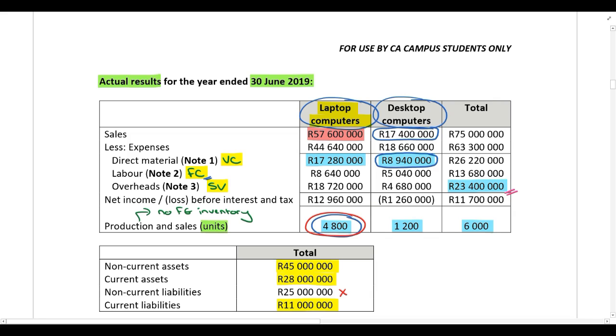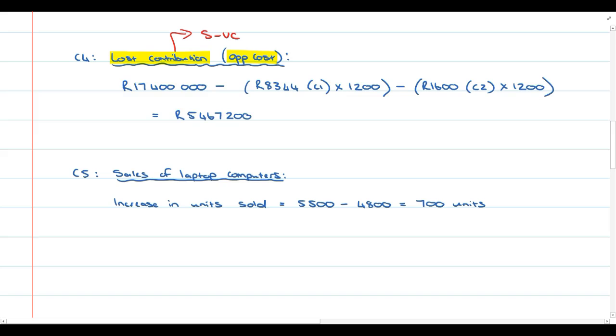So we can calculate the current selling price per unit. So the current selling price per unit is 12,000 Rand.